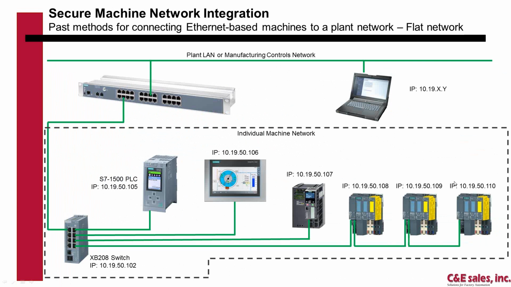Notice they're all taking addresses, 10.19 addresses in this case, on the plant network. So all of these addresses are being reserved. This is not a large machine. With a larger machine, I might have 40 or 50 nodes, and now I'm really chewing up some IP. It really starts to make this approach pretty inconvenient and short-lived.